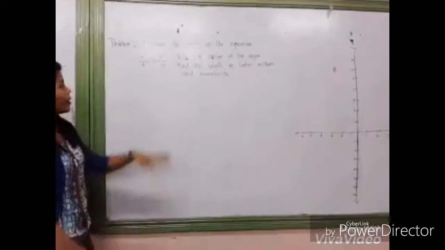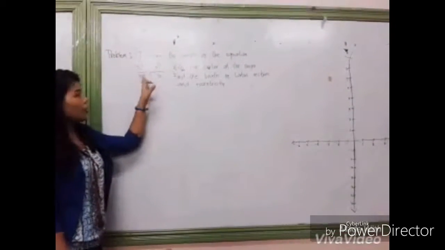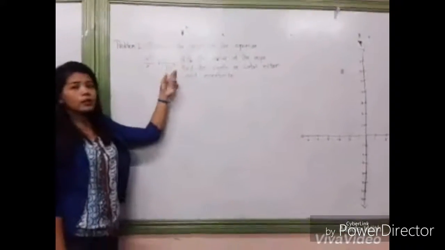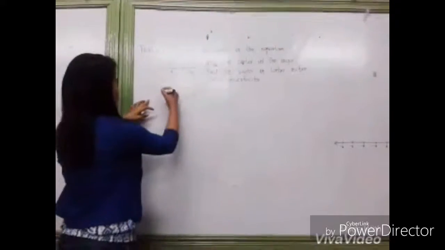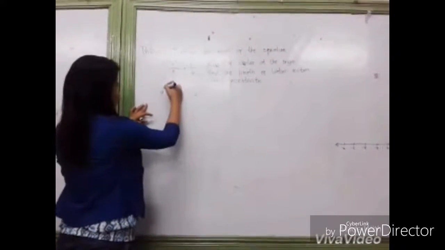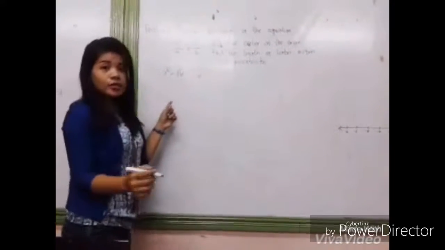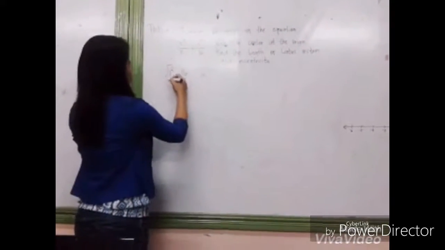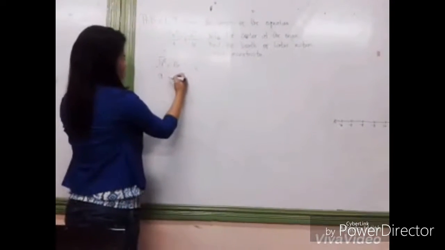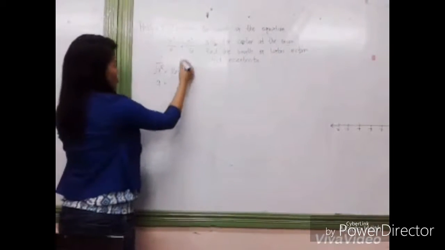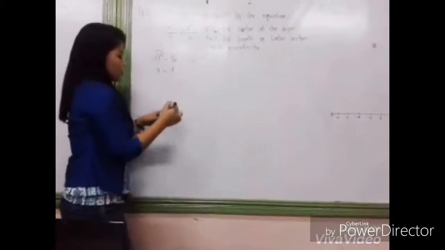So, we have the given x squared over 4 plus y squared over 16. So, we have a squared equals 16. Taking the square root, a equals the square root of 16, which is 4.